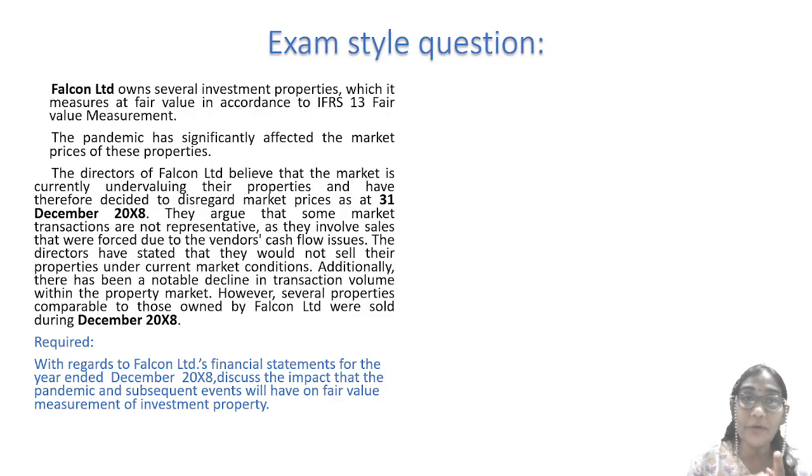They are valued in accordance with IFRS 13, but currently due to the pandemic, the value of the properties has gone down. So they have said that some of the sales were forced because of a cash crunch by the other investors or vendors, and the directors of Falcon have decided not to sell these properties at such low pricing.